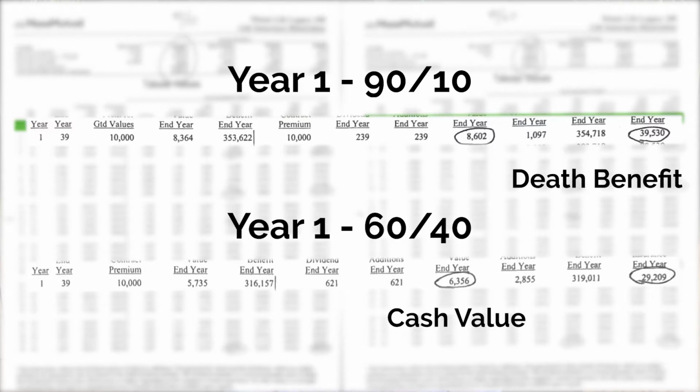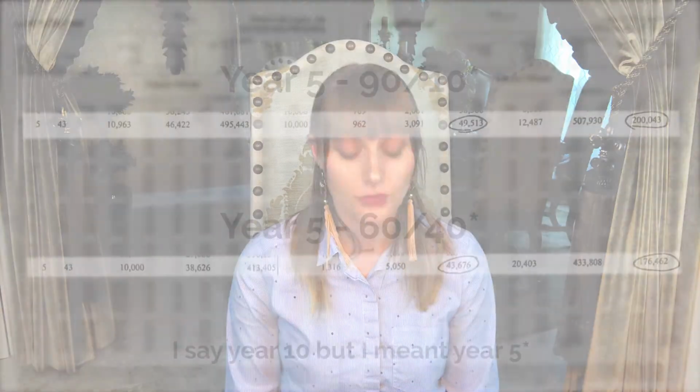That's the loan I'm able to borrow out. On the 40-60 split, in year one, I have about $6,300 I'm able to use and borrow out. So the 90-10 is a little bit nicer in the early years. Why? We're supercharging that paid up additions rider in the early years, thus making our cash value a lot greater in the early years.